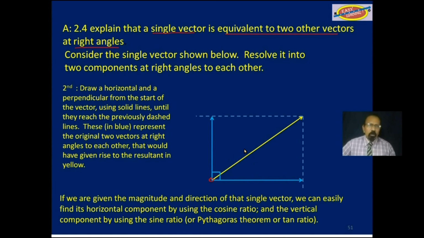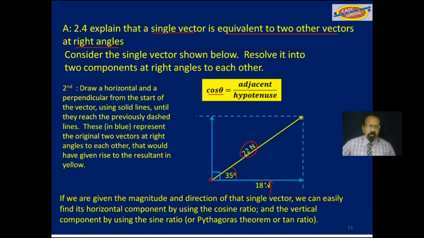If we know that this is 22 and this angle here is 35, then we can use the cosine trigonometric ratio to find the adjacent side here, which would give us 18 newtons. We can also use the sine trigonometric ratio to find the opposite here, and that will give us 13 newtons.